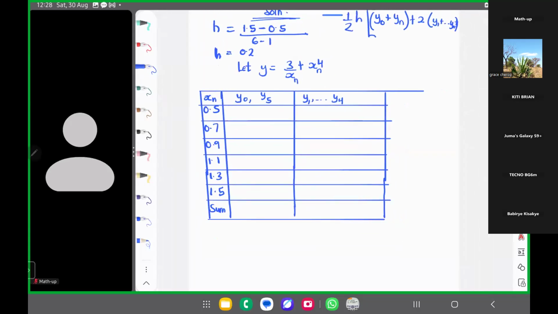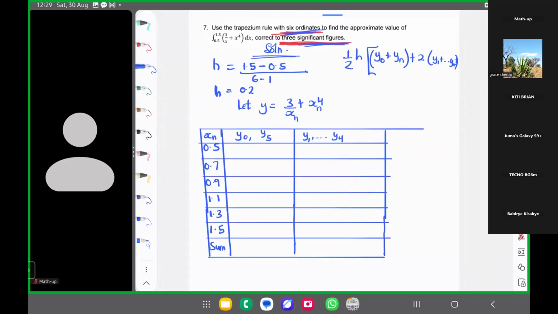We shall get the corresponding y values for each x value. We shall start when n is 0, or when x subscript n is equal to 0.5. So we go back to our formula, which is y is equal to 3 out of x plus x power 4. We shall compute that formula in our calculator and populate our table with y values. That formula can be put in the calc and the values calculated at once.